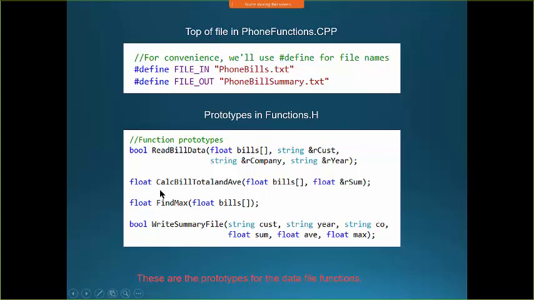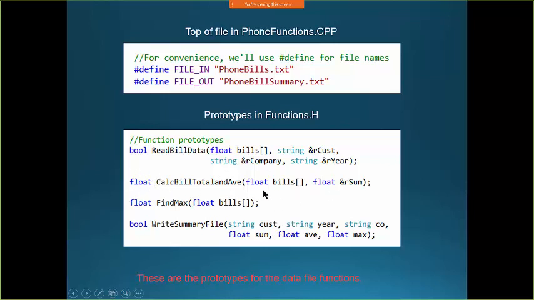Well, you can see calc bill total average has a return type. So what they've done here is they're going to return the sum, the total, through this reference variable, our sum, but the average is going to be the return of this method. I don't like this very much.